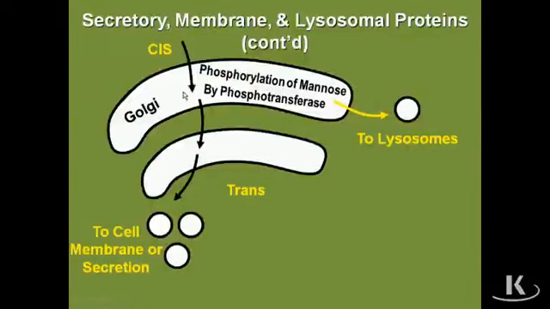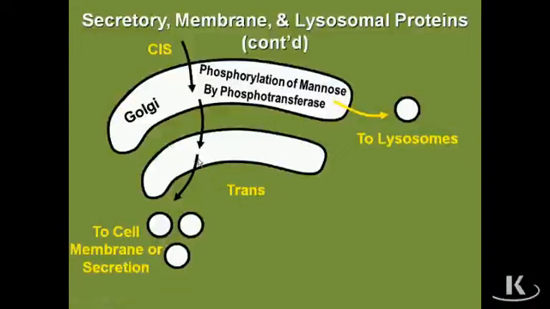So proteins that get sugars added through a hydroxyl linkage, the hydroxyl group having probably been added back in the endoplasmic reticulum, those proteins are going to get their O-glycosylation happening within the confines of the Golgi.